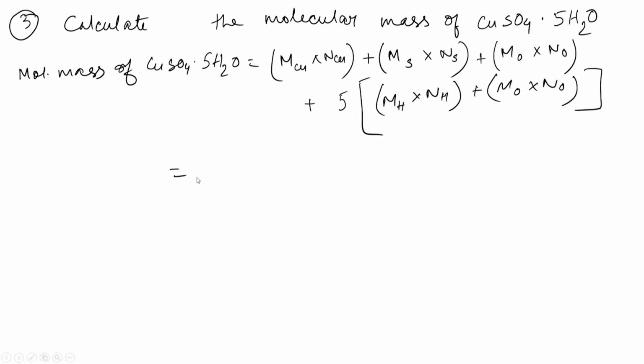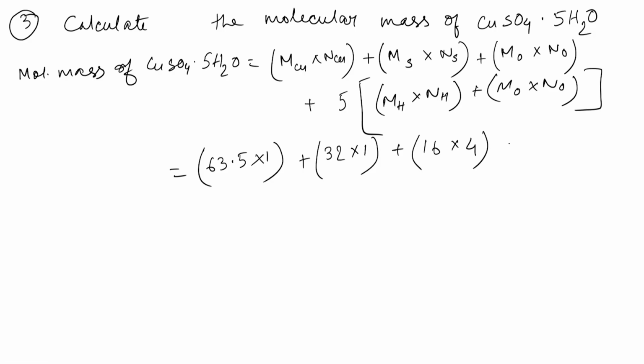Okay. So this will come as 63.5, which is the mass of copper, into 1 plus mass of sulfur is 32. So 32 into 1 plus mass of oxygen is 16. So 16 into 4 plus 5 multiplied with 1 into 2 plus 16 into 1.